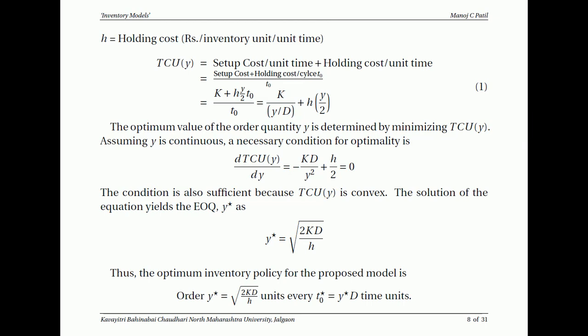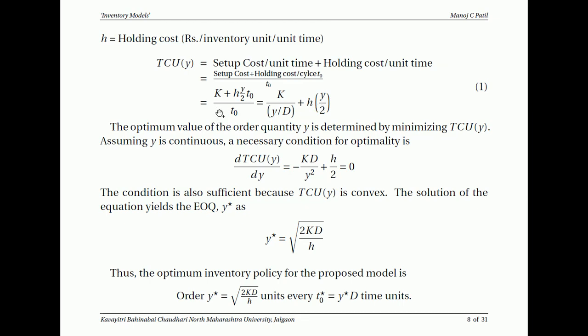We obtain K plus h y by 2, as the average inventory during the cycle T naught is y by 2. Therefore h multiplied by y by 2 multiplied by T naught. So finally we get KD divided by y plus hy by 2. That is the TCU(y).